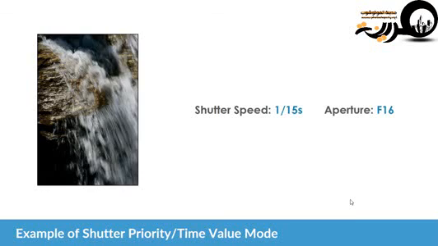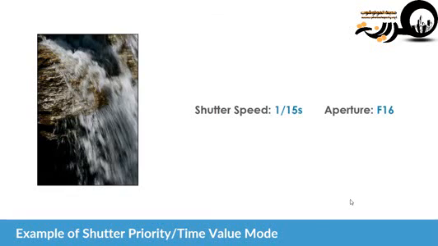It might seem quite fast, but it's actually quite slow in terms of speeds for photography. So a 15th of a second is giving me a nice little bit of movement in the scene, and we can see that the camera has decided to select an aperture of f16 to make sure that the photograph is not overexposed or underexposed, that the correct amount of light is coming into the scene.